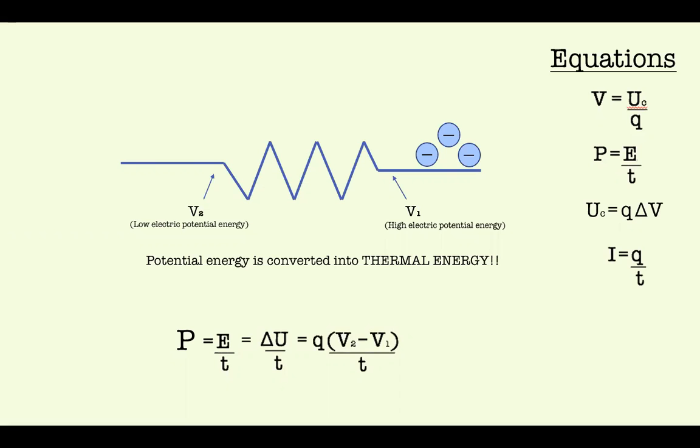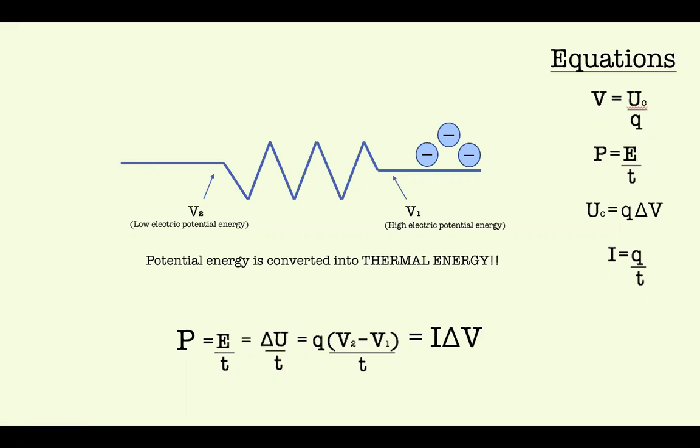Now, seeing the equation below for power, we can simplify that charge over time to say that Q over T equals current, which means that power equals current times the change in voltage. The SI unit for this is joules per second, which equals watts.